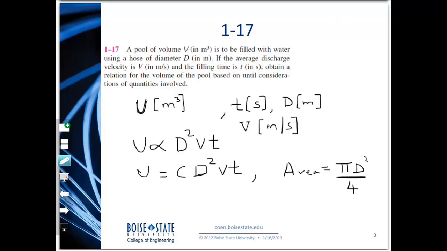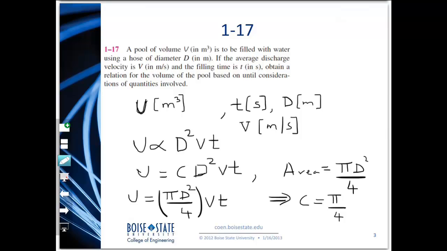So if you compare c d square with pi d square over 4, this implies c equals pi over 4. So the volume then is pi d square over 4 times the velocity times the time.